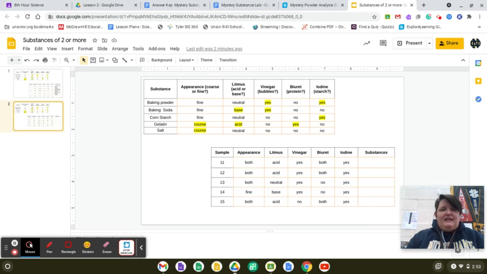And so because of that, with those indicators, it is very difficult at times to determine whether or not one of the substances that you're dealing with could be salt, okay? Because when it's added in there, especially if gelatin is one of them already, it's hard to determine if salt is in there, okay?